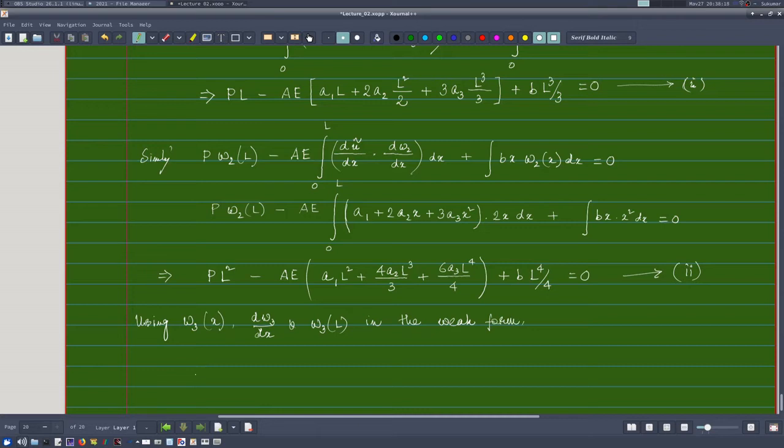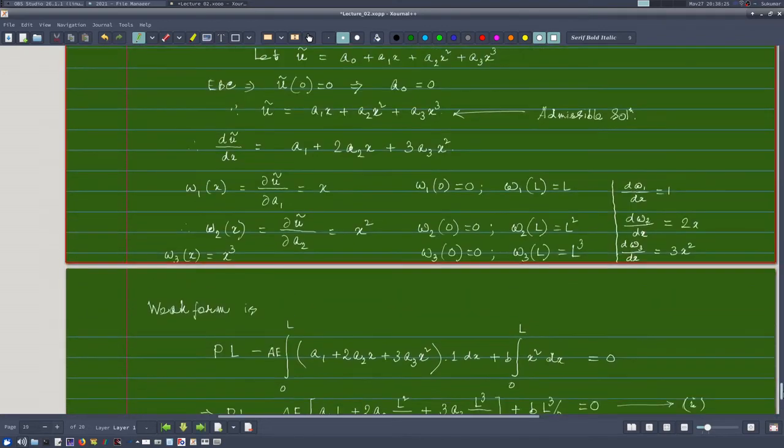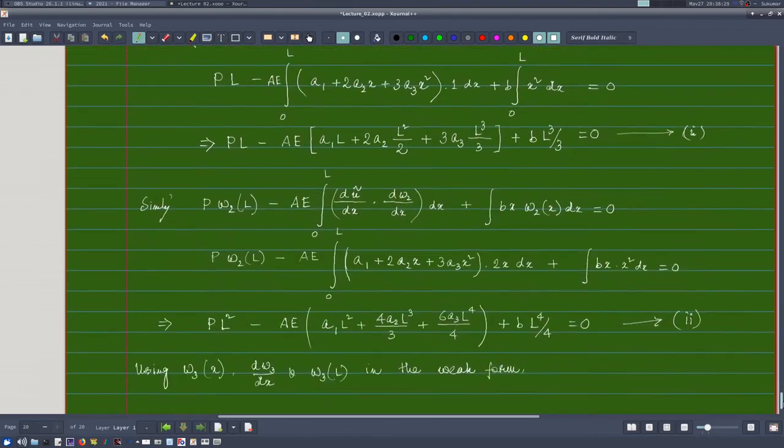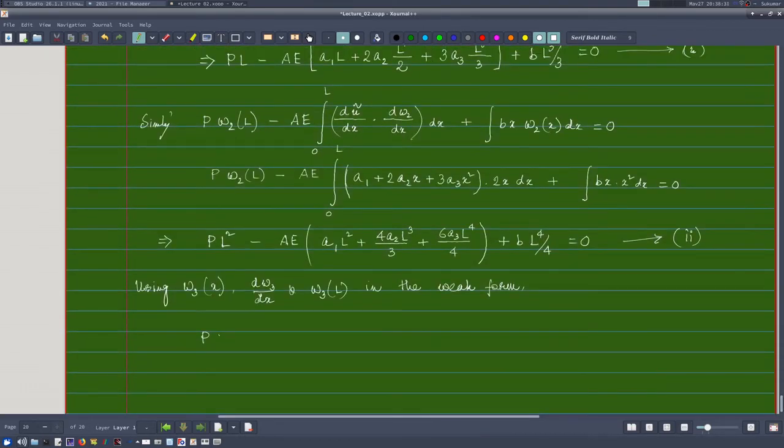I will get P into w3 at L, which is L cube, so P L cube, minus AE into integration of 0 to L.